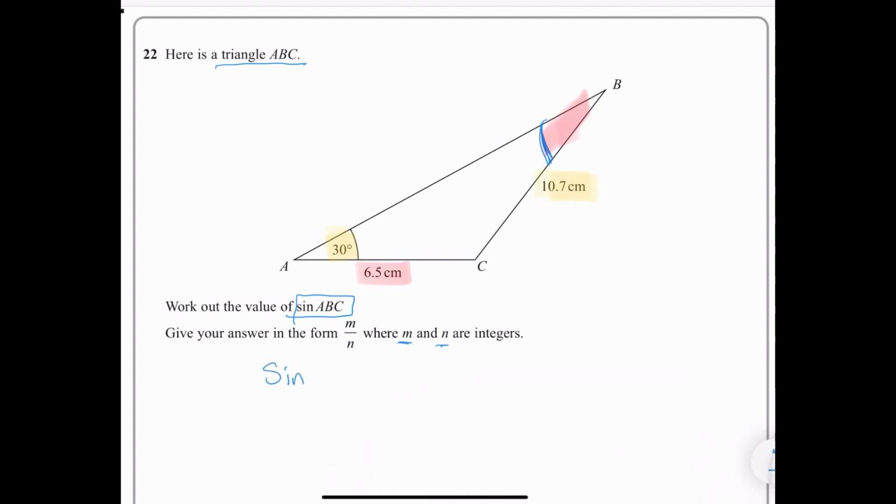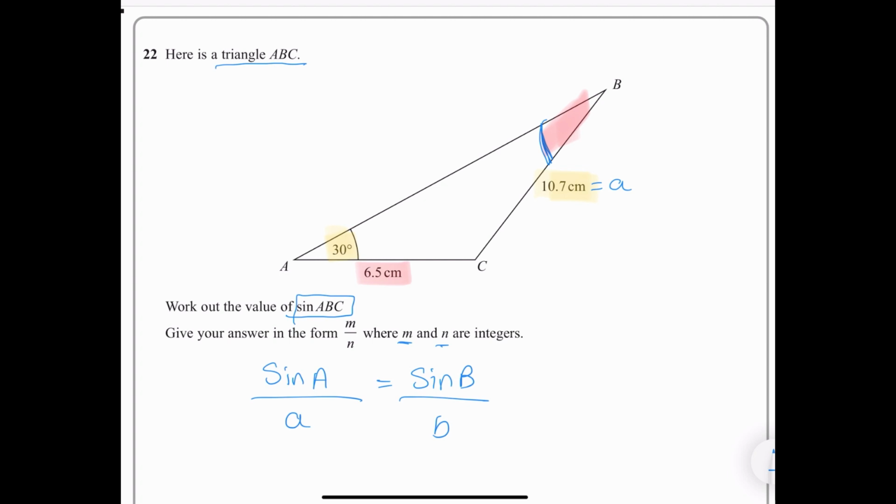We've got sine of A over side a equals sine of B over little b, side B. I'm just going to go with the letters the question's given me. There's my angle A, so 10.7 is little a.